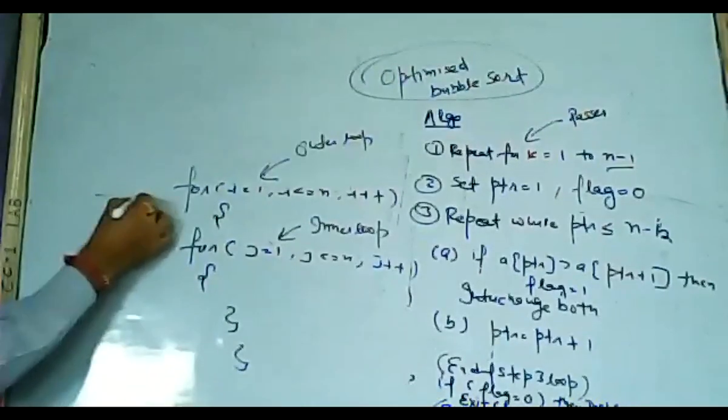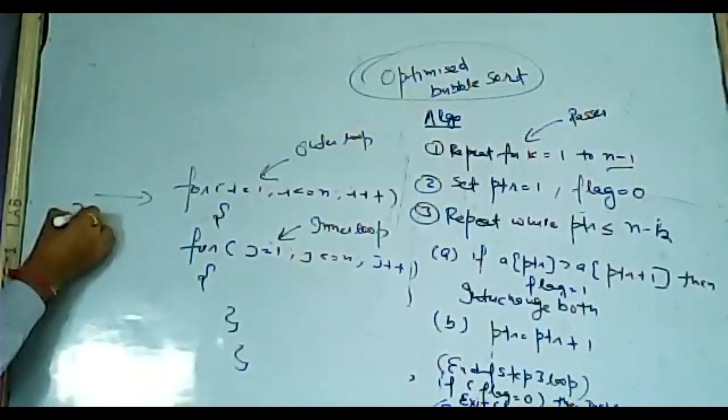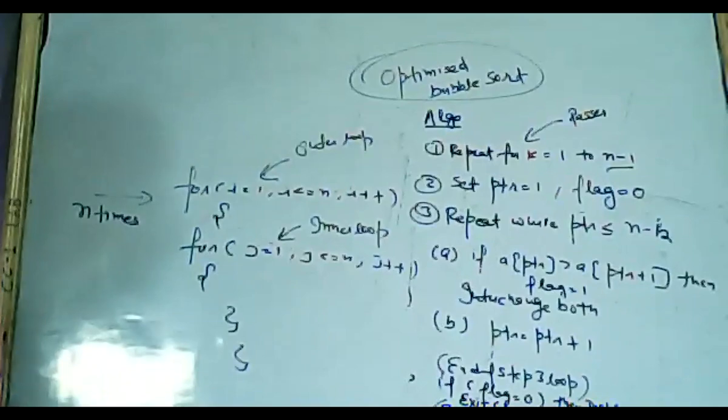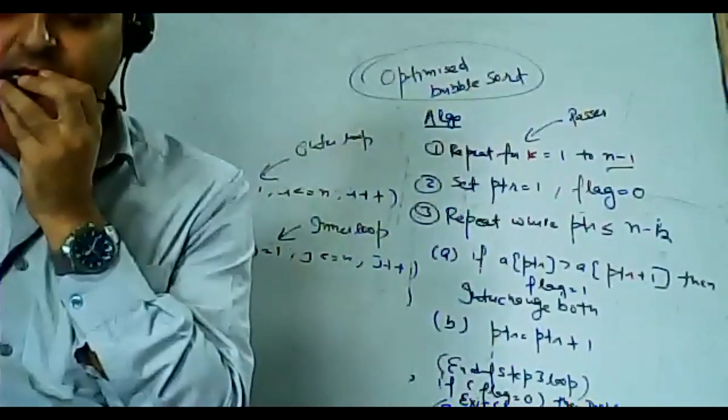Outer loop will go how many times? कितने बार चलेगा outer loop? N times. I hope you people are aware of nested for loop. Okay, let me take one example.